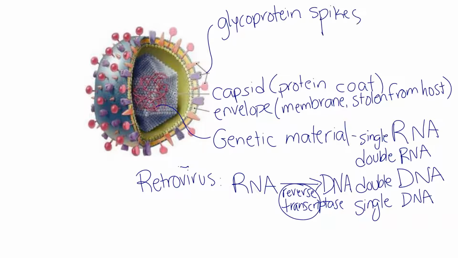And even though they're called spikes, they're not really spiky or pointy. They're not used for defense. They are used for attaching to the host cell. If you've seen a picture of coronavirus, the little red things on the outside, those are the glycoprotein spikes. Okay, so that's what's inside our virus.